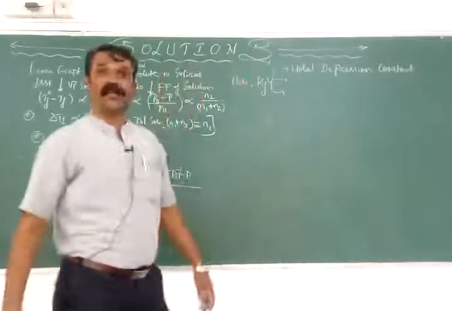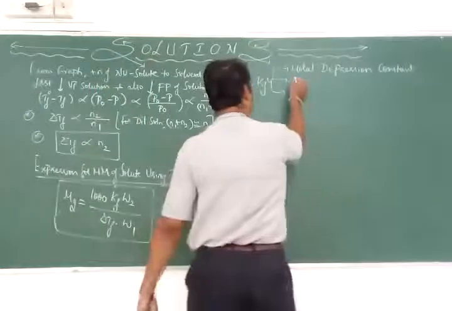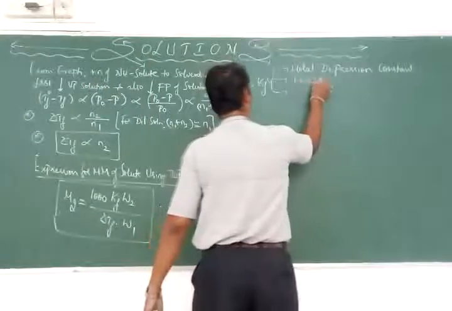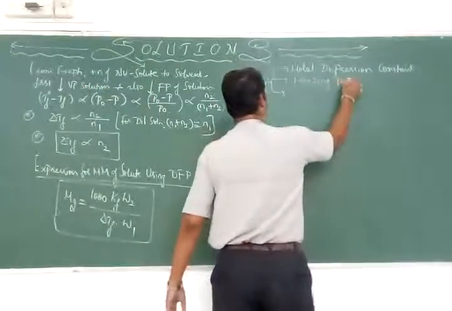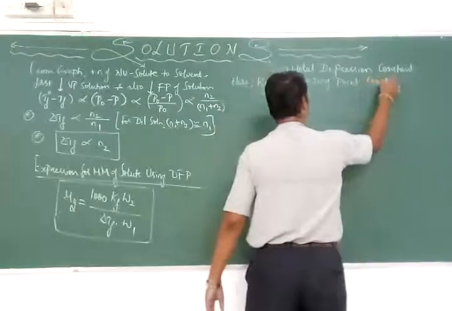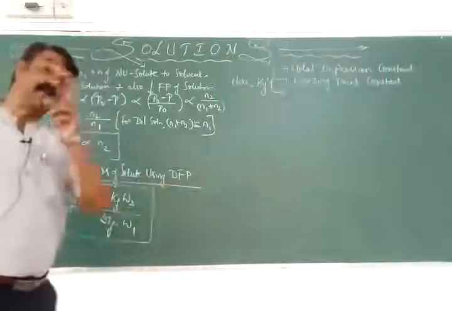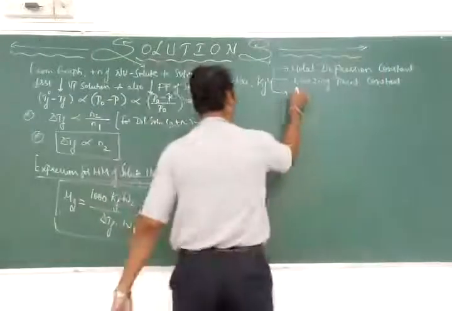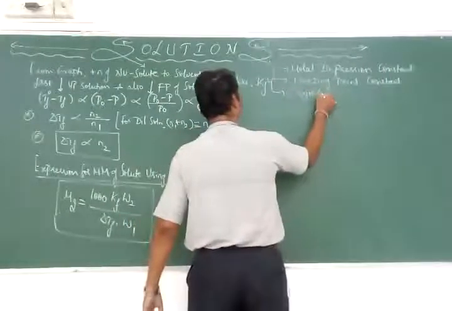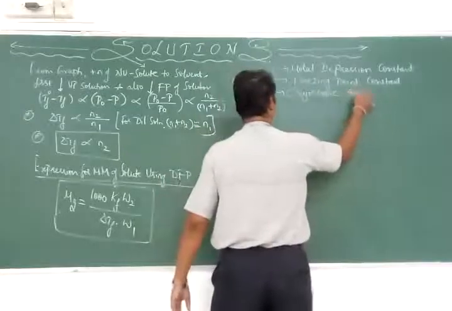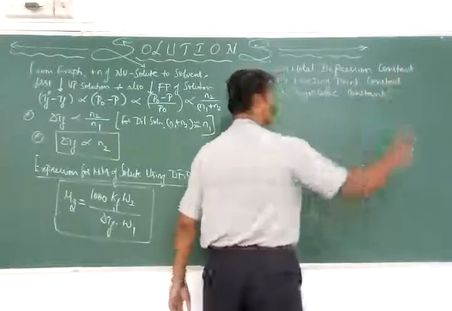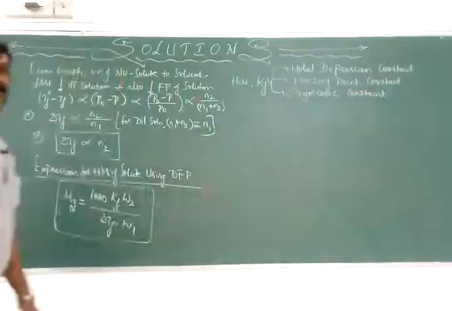In the second, we have mentioned it as the boiling point constant, but here it is called the freezing point constant. There it is called ebullioscopy, that is why it is called the ebullioscopy constant, but here it is cryoscopy, hence it is also called the cryoscopic constant. So that's the difference here.